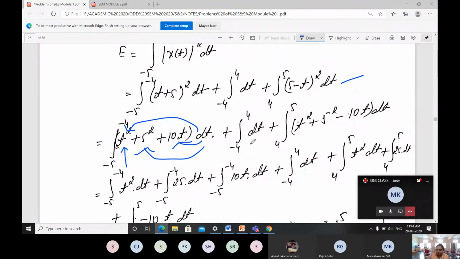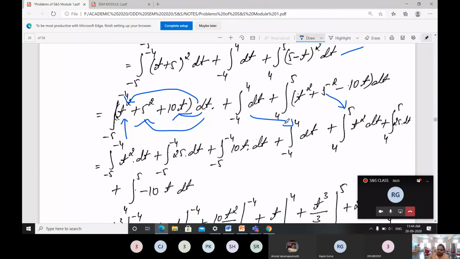For each parameter you apply the integration and also the dt multiplication. So you will be getting integration from 4 to 5 of t square into dt, 25 into dt, then minus 10t into dt.